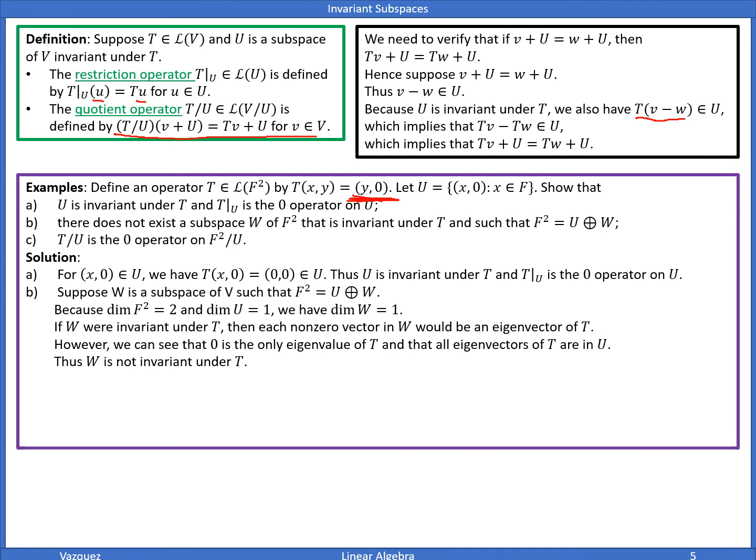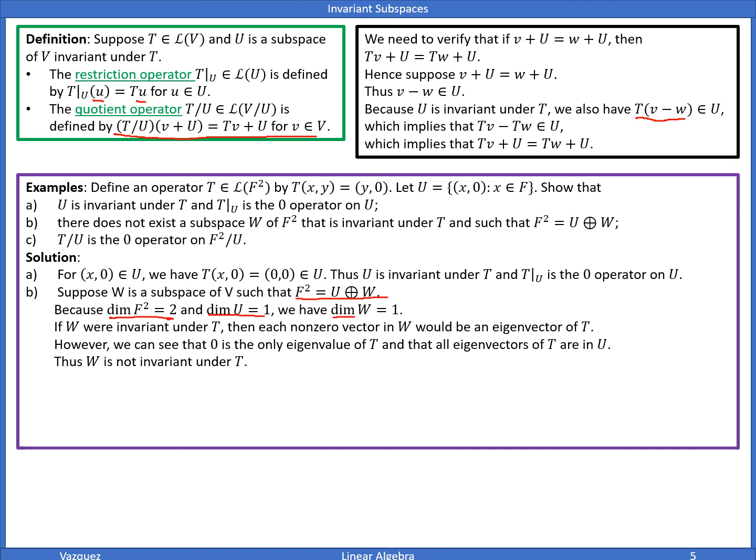Next thing, before we even go on, there does not exist a subspace W of F2 that's invariant under T, such that we can have that the direct sum of U plus W is equal to F2. So why is this the case? Well, suppose W is a subspace of V, such that the direct sum is equal to F2. Well, we know the dimension of F2 is 2, right? And the dimension of U, we know, is 1.